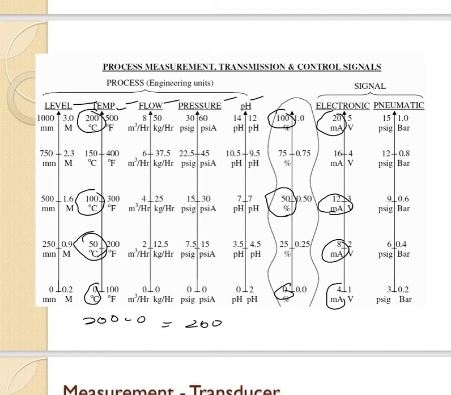So basically this is how the transmitter operates. The sensor will read the physical value from the variable, level, temperature, flow, and the transmitter will transmit the signal into an electrical signal or pneumatic signal.